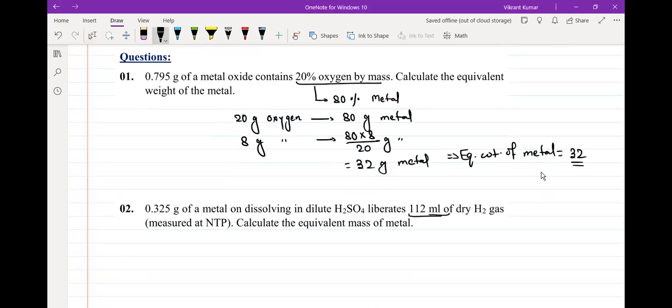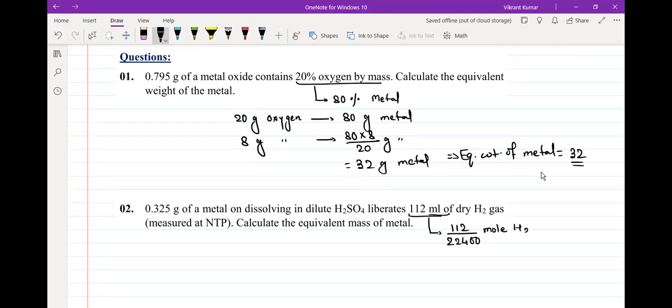This much of H2 means I write 112 upon 22.4, will that work? These many moles. What blunder did I make by saying this, Harsh? Conversion between milliliter and liter. Yes, Usha, this is in milliliter. We can't divide it by 22.4 directly. In the end I took 100 gram instead of 1 gram.